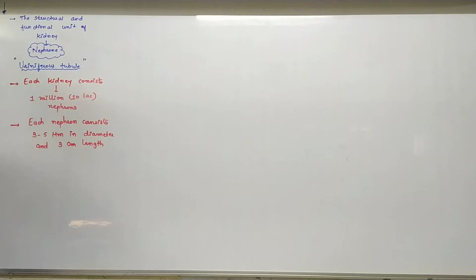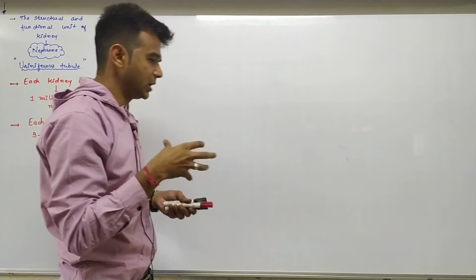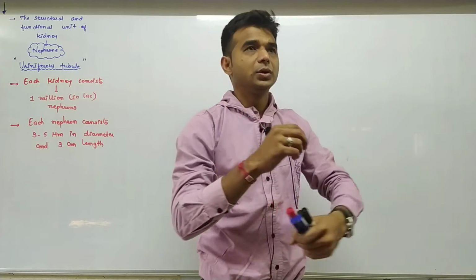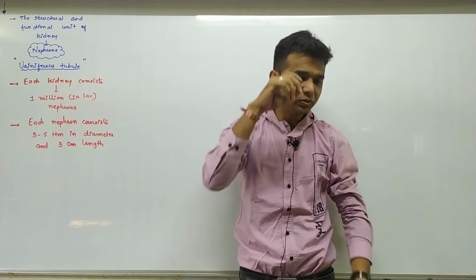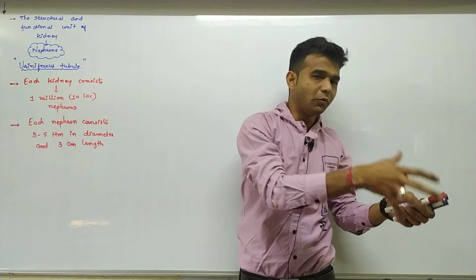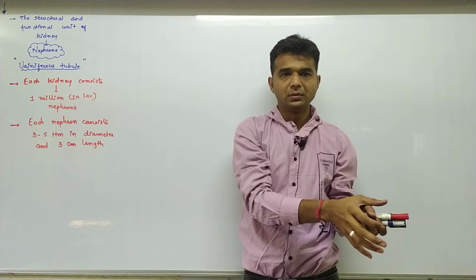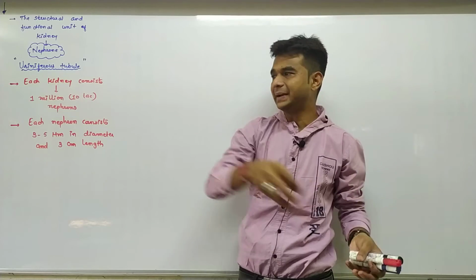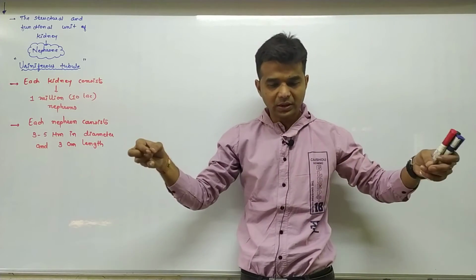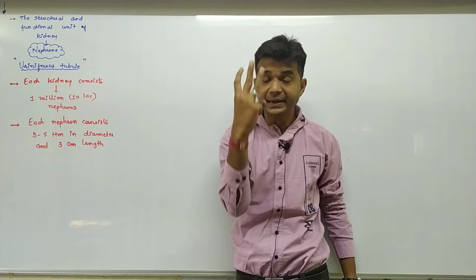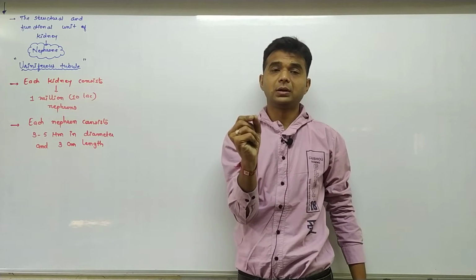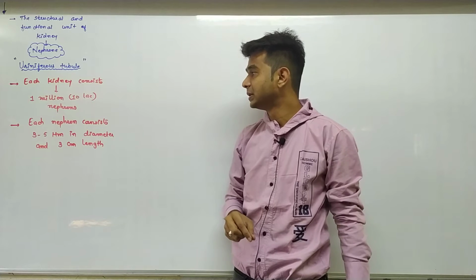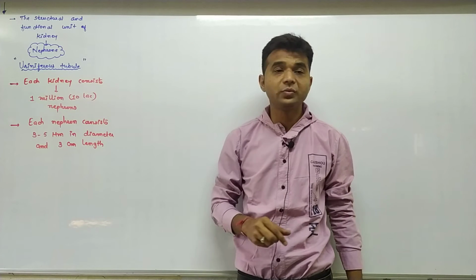Actually in 10th standard you have learned the structure of the nephron. If you think from the Bowman's capsule to the collecting duct, the whole nephron is 3 centimeter long, and its diameter is 3 to 5 micrometer.